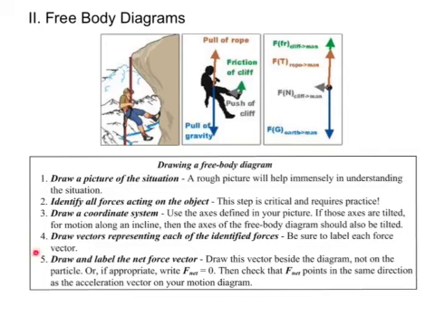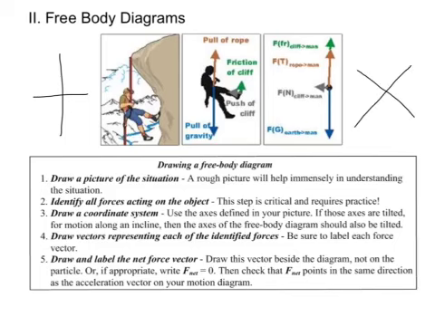And these here are our basic steps for drawing a free body diagram. We draw a picture of the situation. We identify all the forces acting on that one object. Choose a coordinate system. Often our coordinate system will be a normal coordinate system. Sometimes we'll tilt our coordinate system if we're on a surface that is sloped.